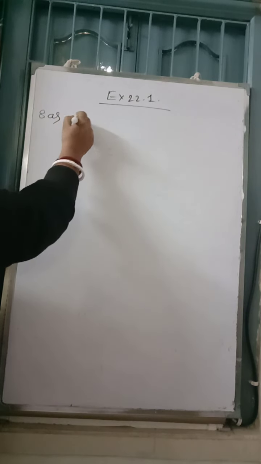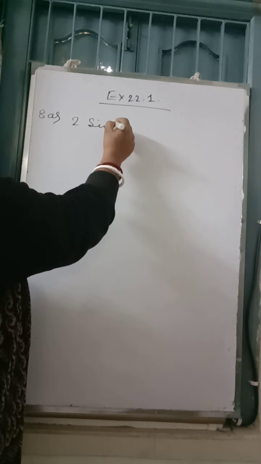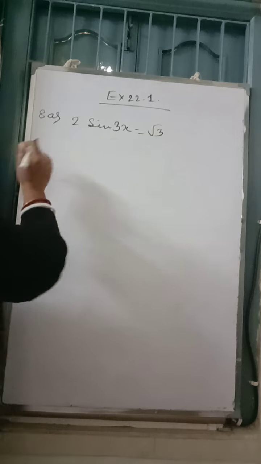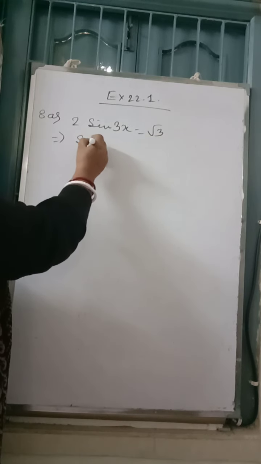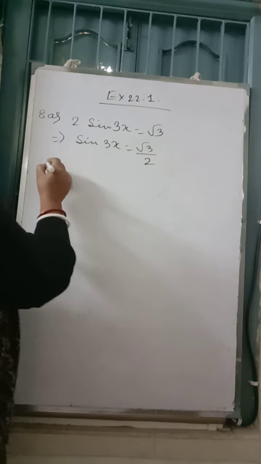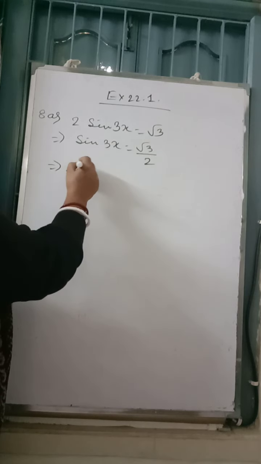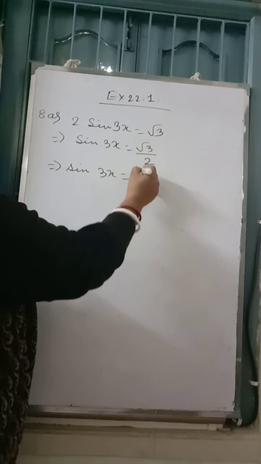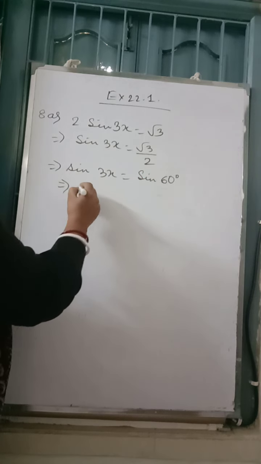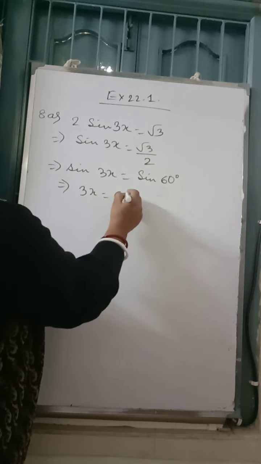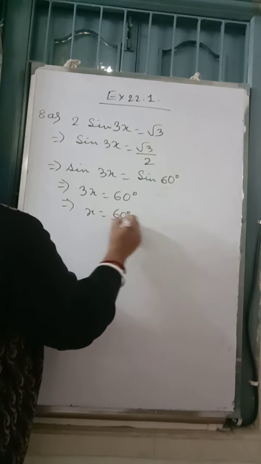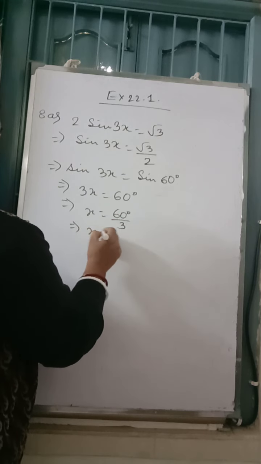It says 2 sin 3x is equal to root 3, or we can write sin 3x is equal to root 3 by 2. Root 3 by 2 is the value of sin 60 degree, or 3x is equal to 60 degree, or x is equal to 60 by 3, x is equal to 20 degree.